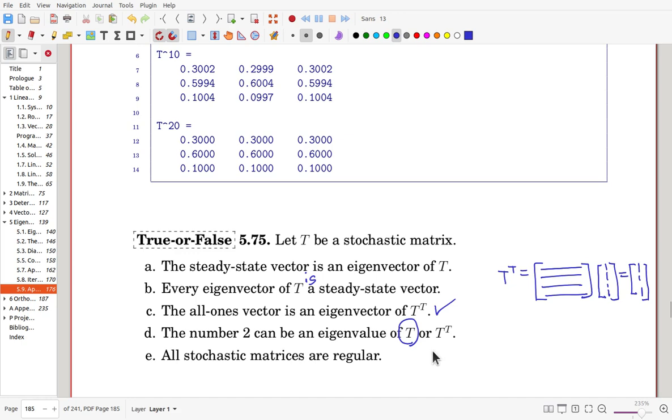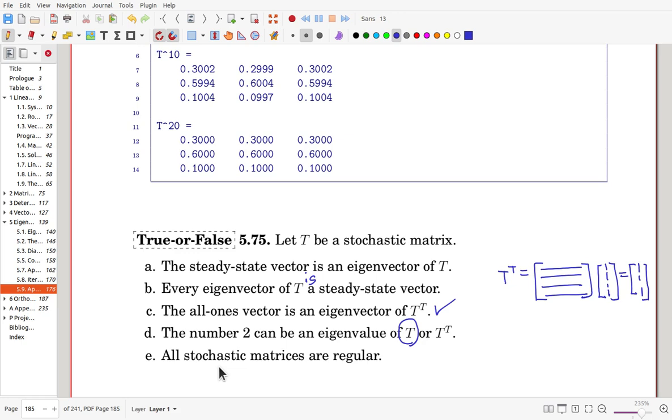Their eigenvectors can be different. However, T and T transpose have the same characteristic equation, so these two matrices have exactly the same eigenvalues. The maximum eigenvalue of T is 1, so the maximum eigenvalue of T transpose is also 1. So 2 cannot be an eigenvalue of either one. So it is a false statement.